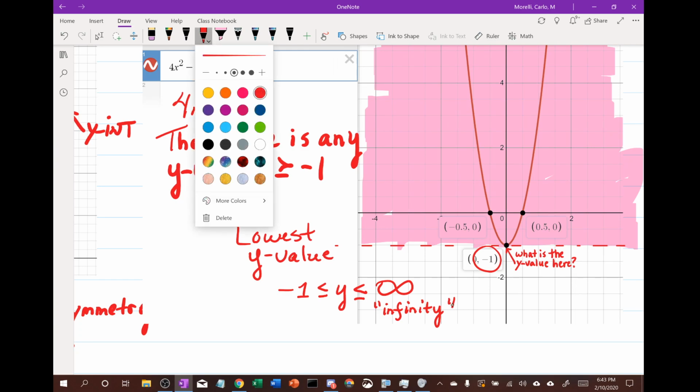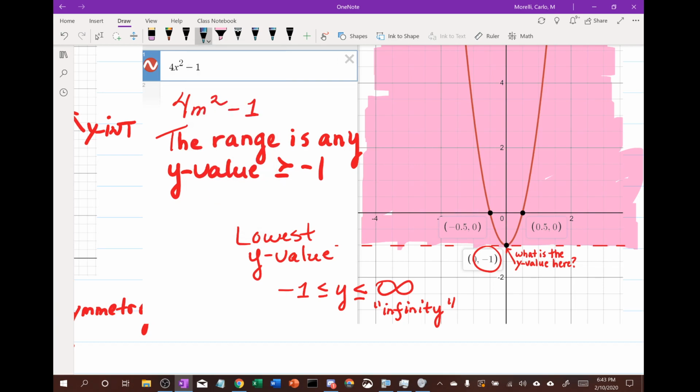See that? Because the graph appears everywhere. Or equal to what? Negative 1. See? Negative 1 is the bottom of this graph.